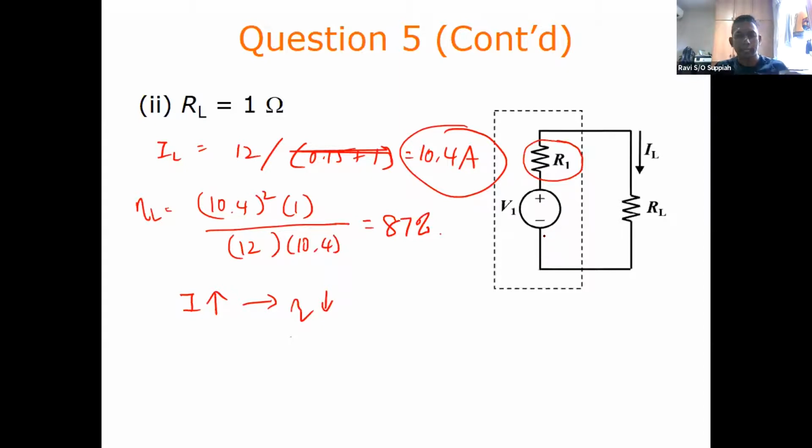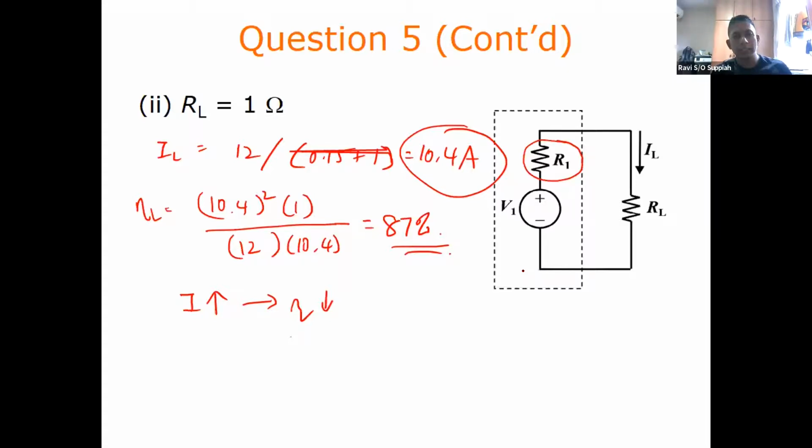So when there is a high current, there is a huge loss of power within the internal resistance itself, and the efficiency goes down a lot. This is why we need to make sure that batteries have a very, very small internal resistance, so that in the event of a high current, you do not have a huge drop in efficiency.